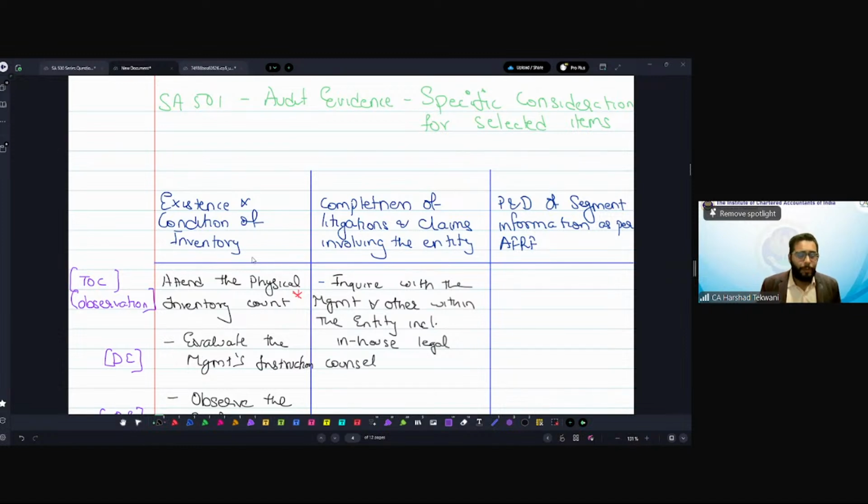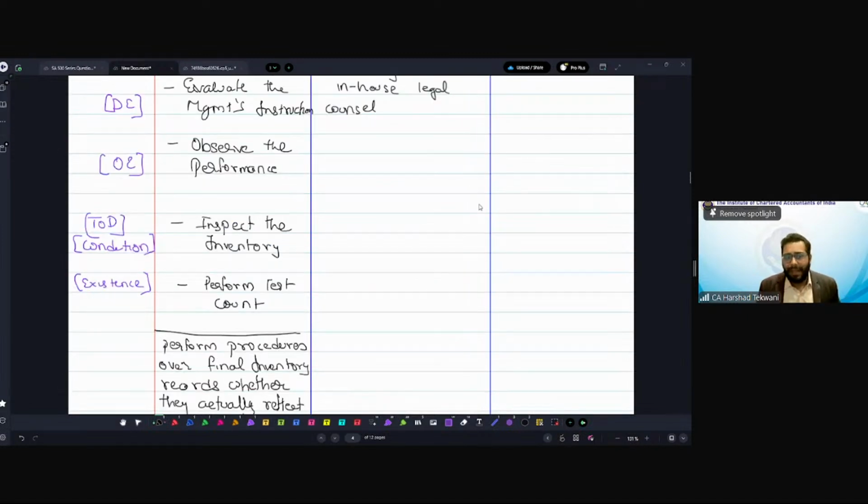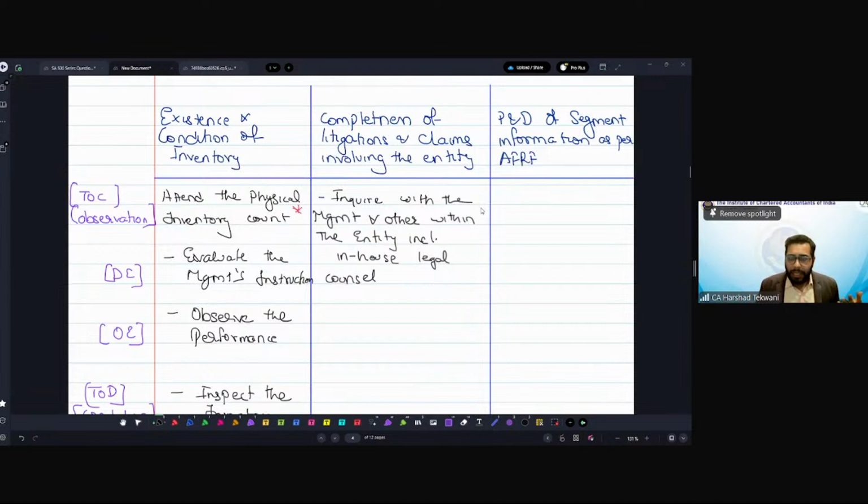If you are performing inquiries with the in-house legal counsel, he may guide you on what the current litigations are and so on. Then review the minutes of meetings, not only with the legal counsel but external counsel also, with those charged with governance also, or correspondence. Review the correspondence also.